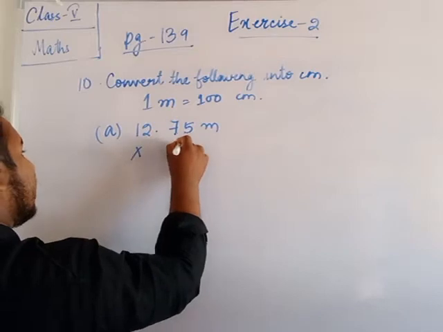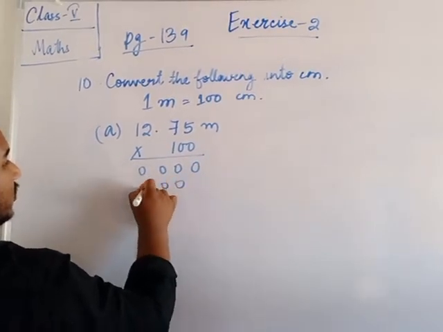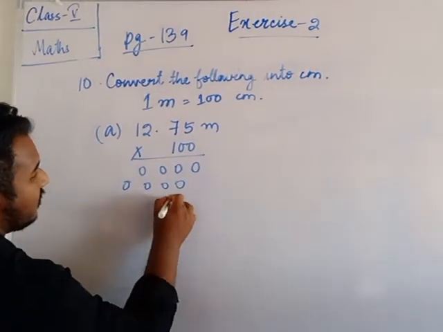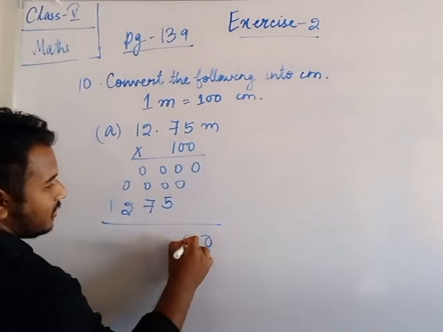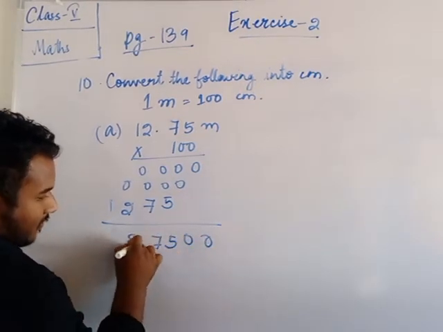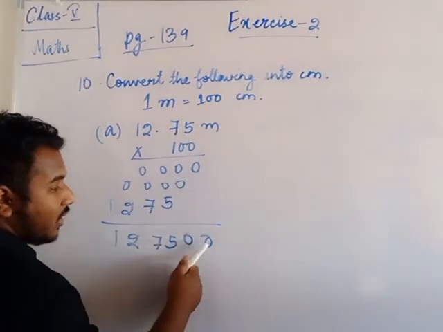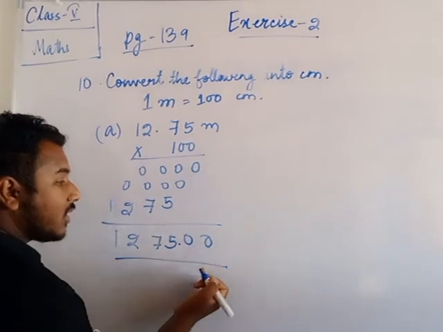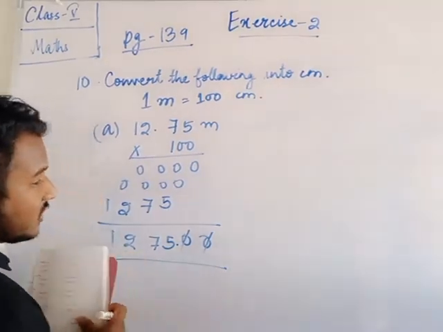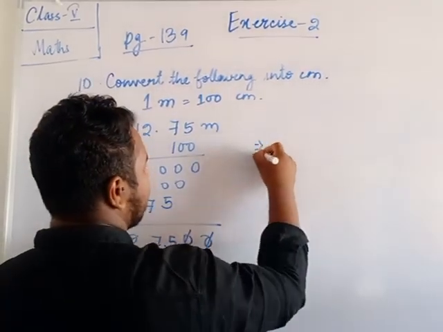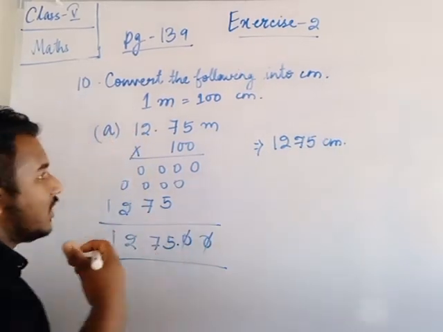In 100 you will multiply 0 0 0 0 0 0 0 0. Now 5 7 2 1. I think you know this multiplication. Very simple. Now after point, 2 digits are there. From right side you have to start counting. 1 2. Put point. Clear. Cut these two zeros, because after point 0 value is not applicable. So you will write 1275 centimeter. Clear?